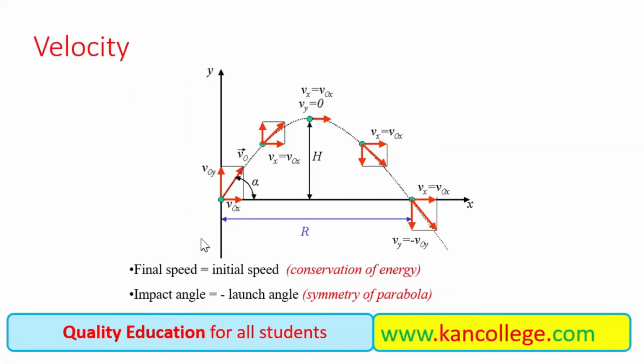So from the above discussion, we can deduce that throughout the motion of the projectile, the magnitude and direction of the velocity of the body will change, and its direction continuously changes, and the body follows a trajectory which is similar to a parabola shape. This shape is known as a parabola. And ultimately, the ball falls down.